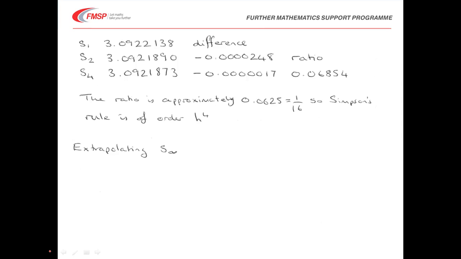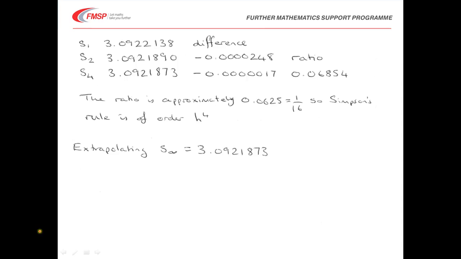So to extrapolate to infinity, you imagine that you just keep dividing the differences by 16 and then keep adding those on. Now adding a negative just means it's going to go down. You keep adding those on to infinity and what you get is an infinite sequence.